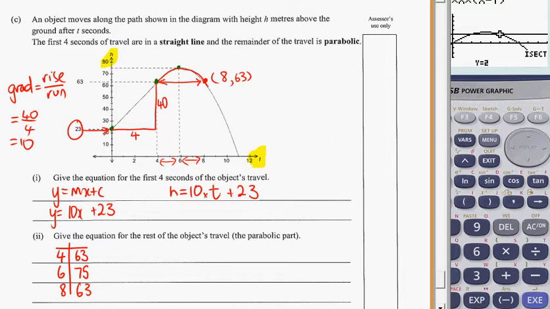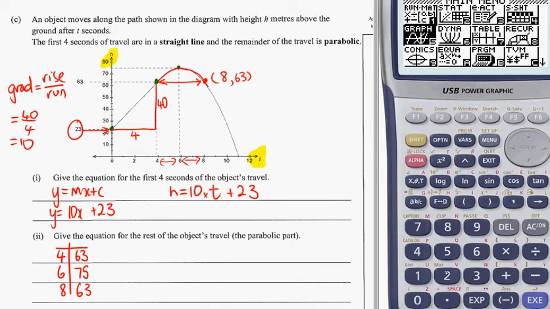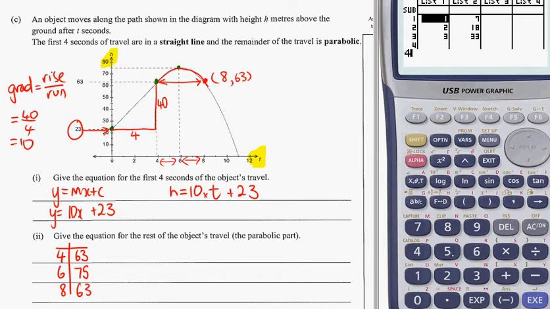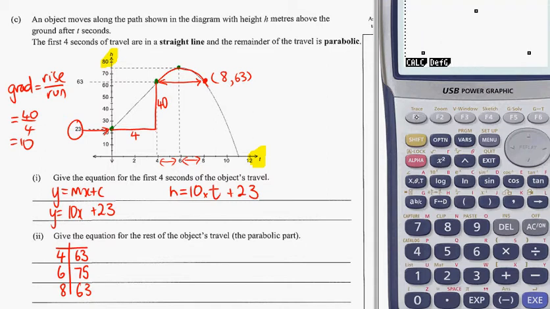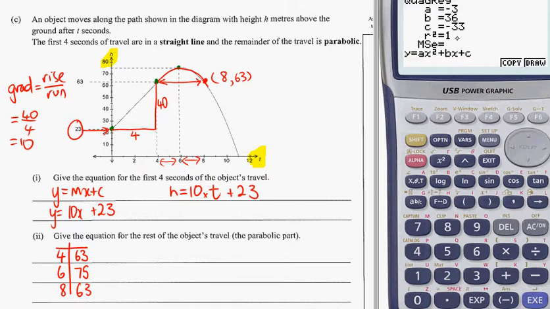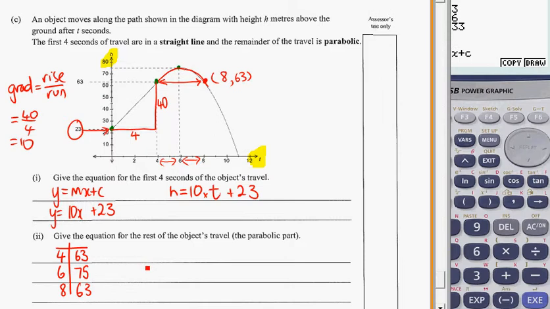So over to our calculator. We want stat for a rule, and we'll enter the points 4, 6 and 8, and the y values 63, 75 and 63. Right, hovering over F1. Now it's a parabola, so we need to choose x squared, and up comes the information. So parabolas look like y equals ax squared plus bx plus c.